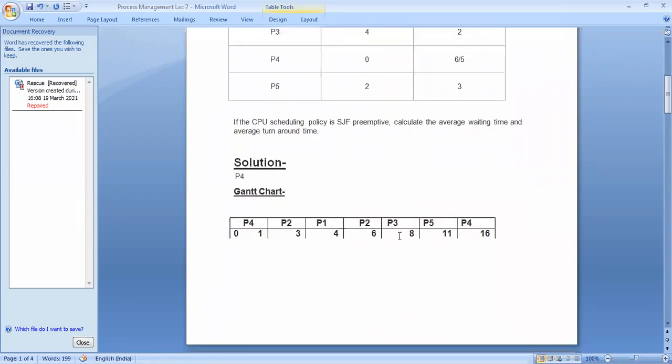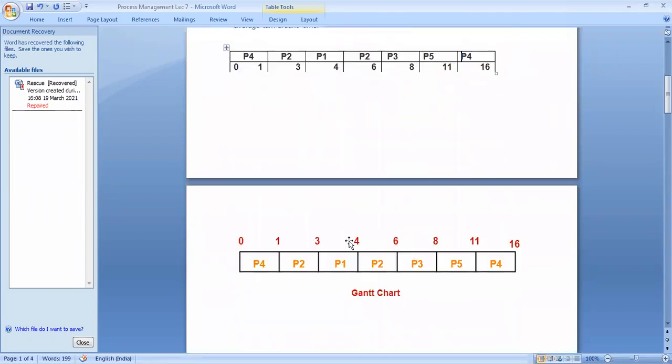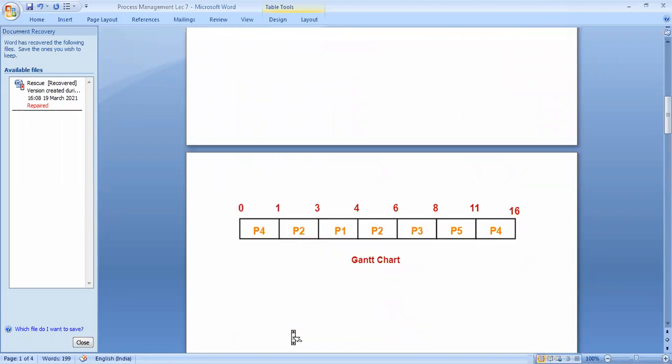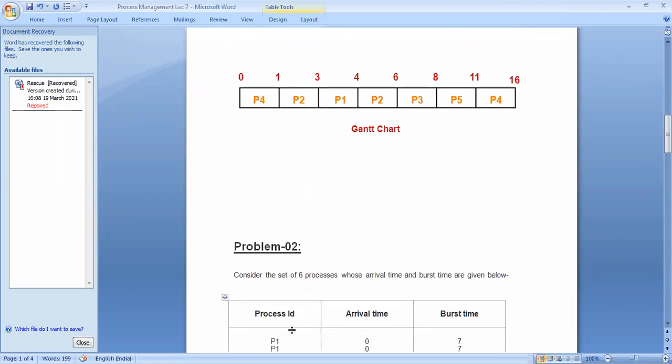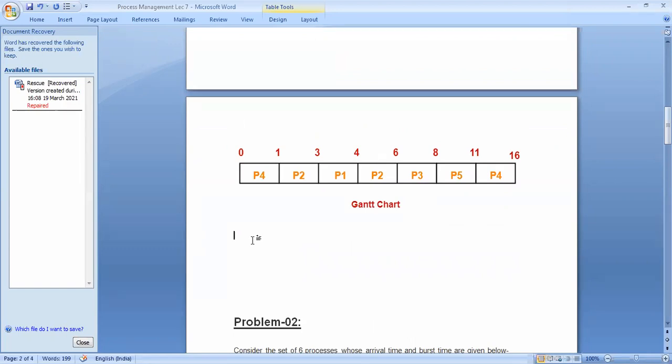Now we'll calculate. Here the Gantt chart is already there. Now you can see this one. We'll calculate average waiting time.